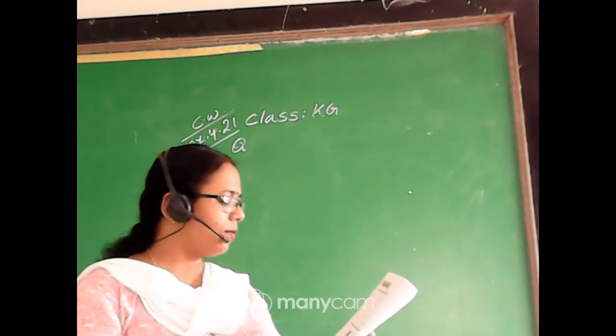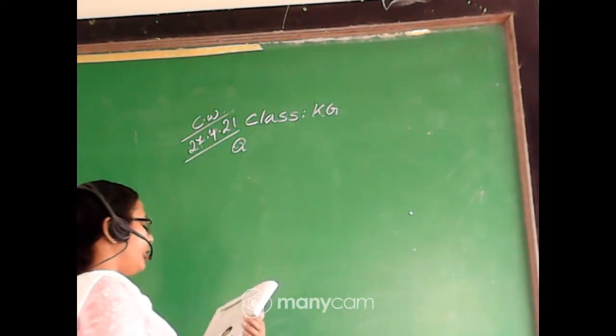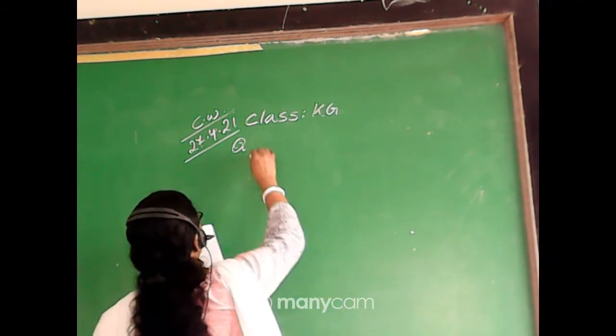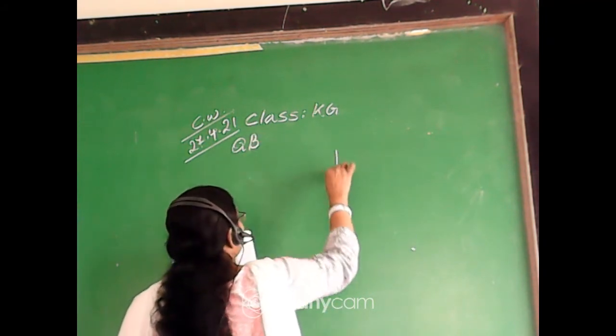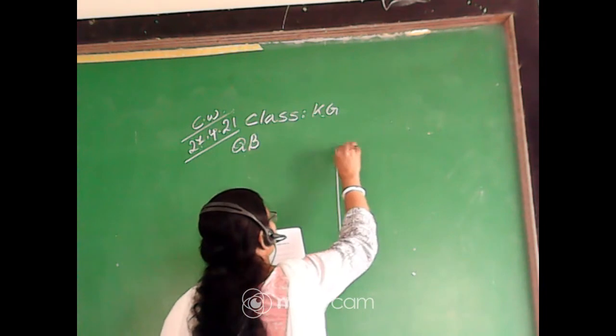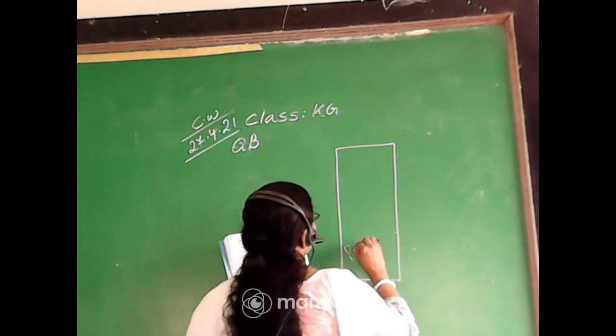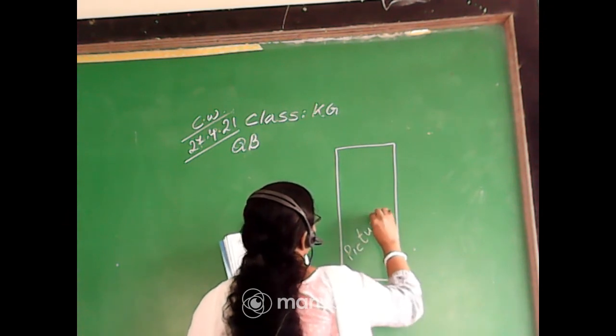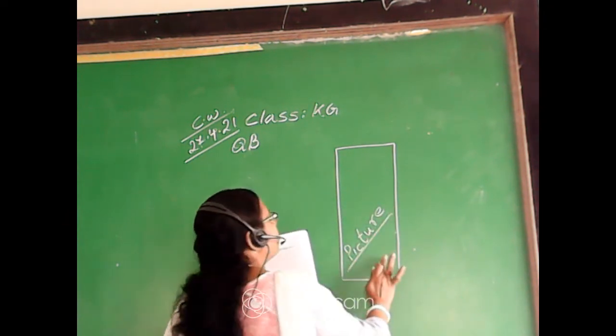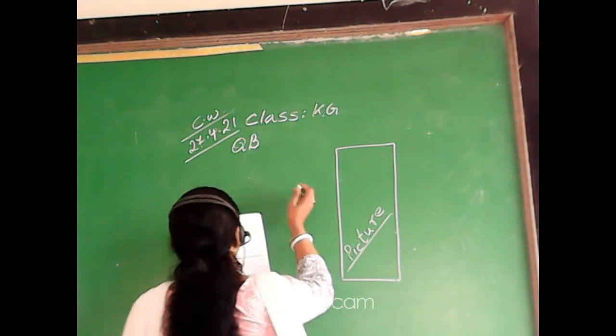Question number B. Can you write the names of the parts of the body below? So one picture has been given to you. This is the picture, and here the body parts.